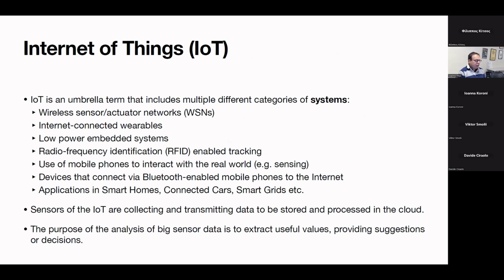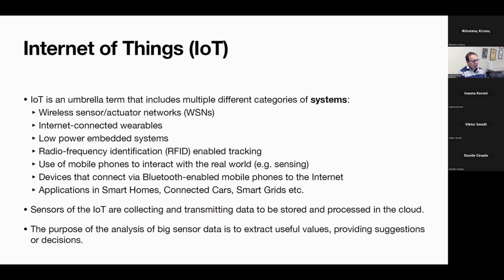I have included a few slides in order to introduce what exactly we mean by the term Internet of Things. Internet of Things is an umbrella term that includes multiple different categories of systems, like, for example, wireless sensor networks, internet-connected wearables, low-power embedded systems, radio frequency identification-enabled tracking, use of mobile phones to interact with the real world for sensing, devices that connect via Bluetooth-enabled mobile phones to the internet, and so on.